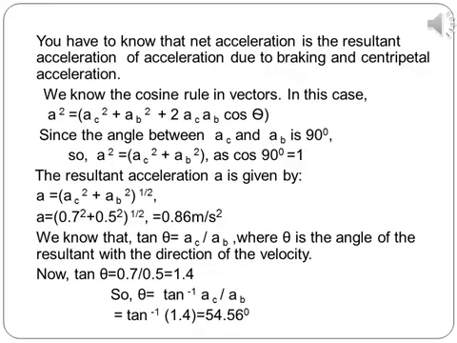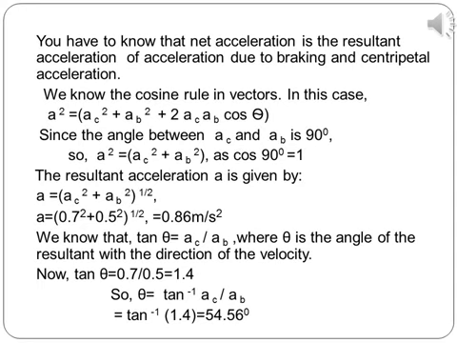Then, what should be the angle between AC and AB? It is equal to 90 degree. Since this angle is 90 degree, so A square is equal to AC square plus AB square, as cos 90 degree is equal to 0. What should be the resultant acceleration A?